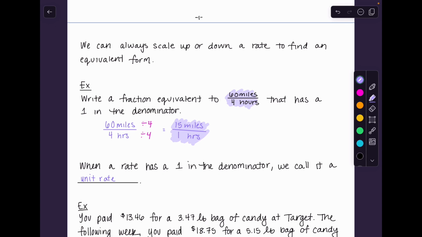It's not so obvious. Whereas in this other case, to make a 9 down here, all I would need to do is multiply it by 9, which means you would do the same thing in the numerator. So I could easily scale this up from here. So these unit rates are really valuable because they give us a very good way to scale up and scale down. And it also gives us a really easy way to compare quantities.